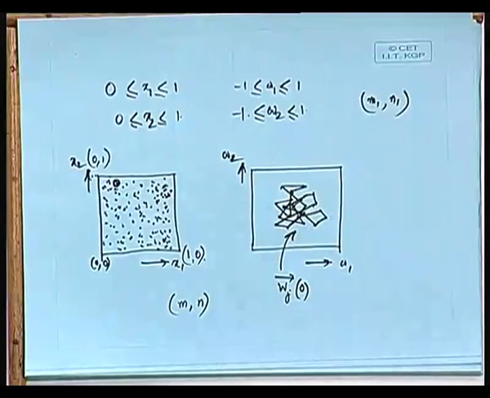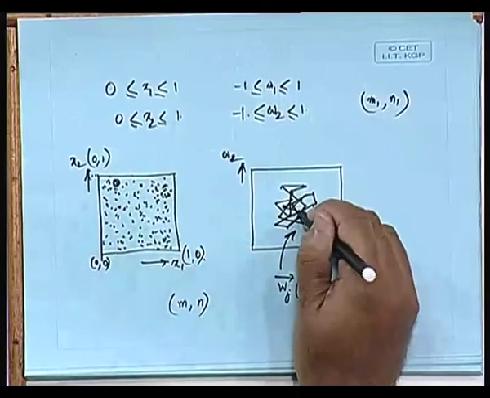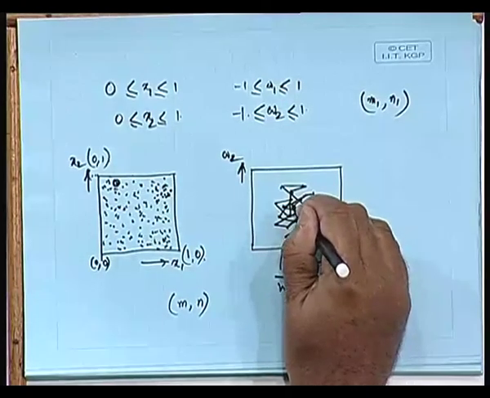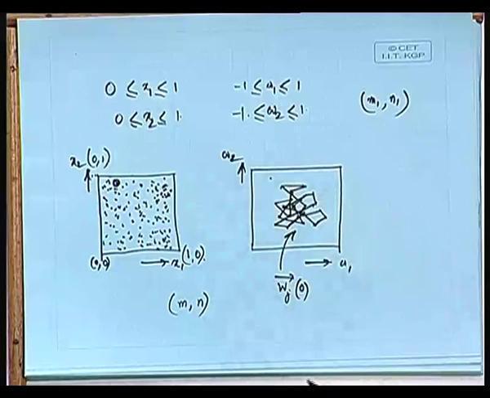So, what happens in the process is that one of them will be the winner and the winner will be taken closest to the x vector, the x vector which I have picked up. So, even though initially it was here, it will try to move towards here.